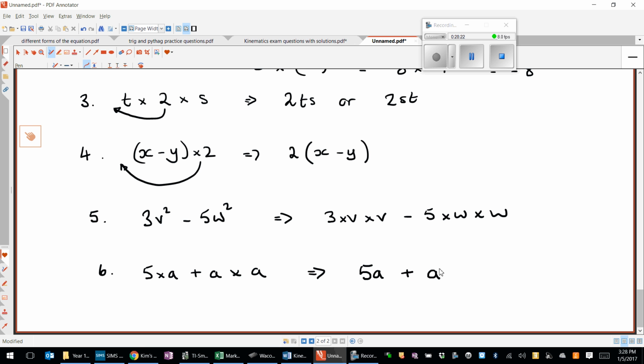Now, this is a very important one. How many terms in this one? 2 terms. What are the 2 terms?